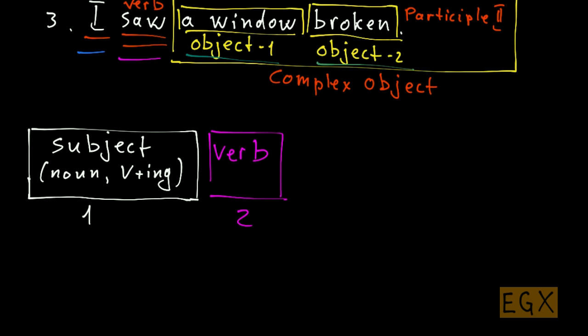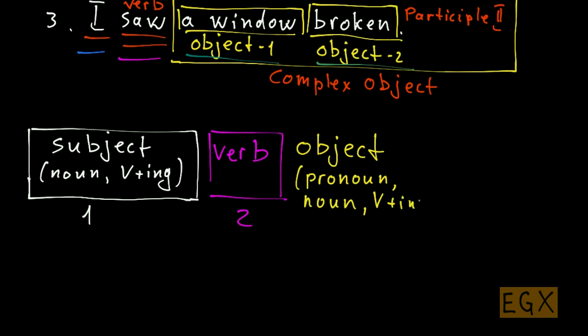And then I need an object. First object. It can be pronoun. It can be noun. It can be even ing form. This is my first object, and this is position number 3 in my sentence.